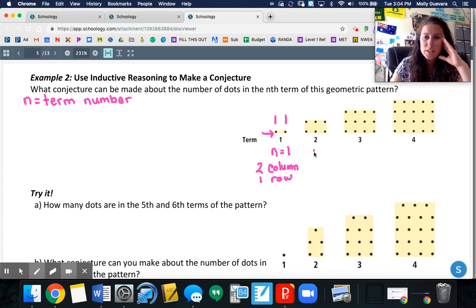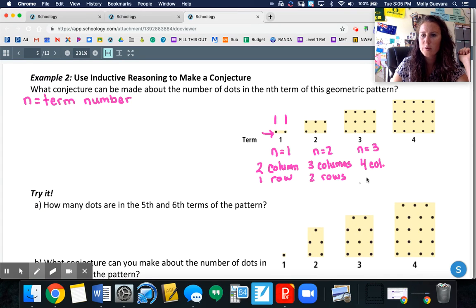If n is 2, like it is here, there's 3 columns and 2 rows. Okay, and we can keep going. So if n is 3, in this case, right here, I have 4 columns.